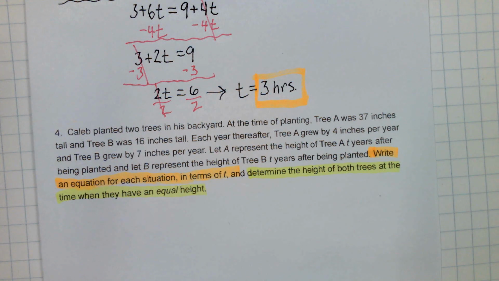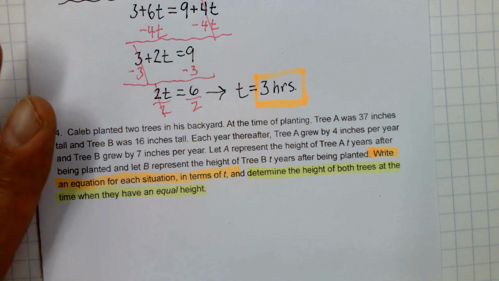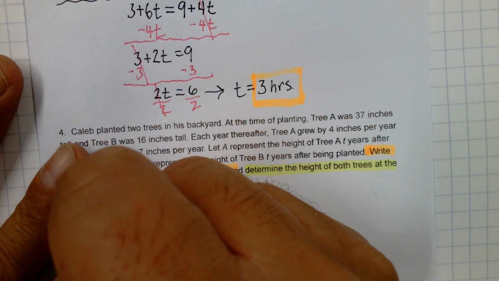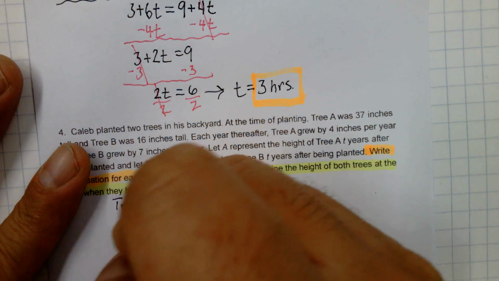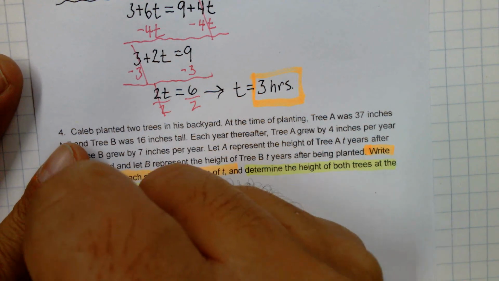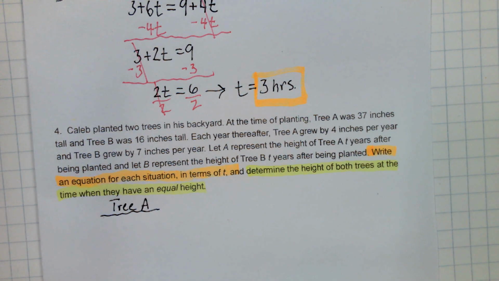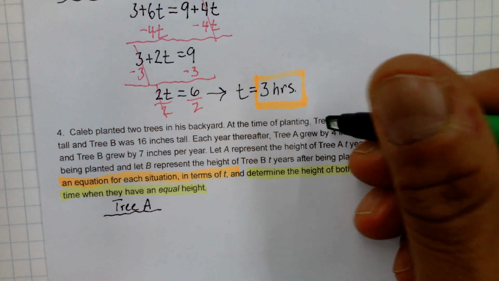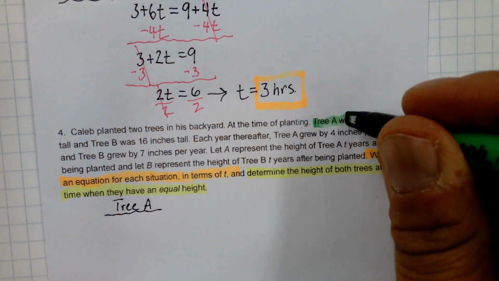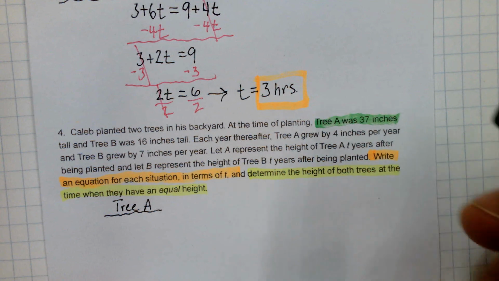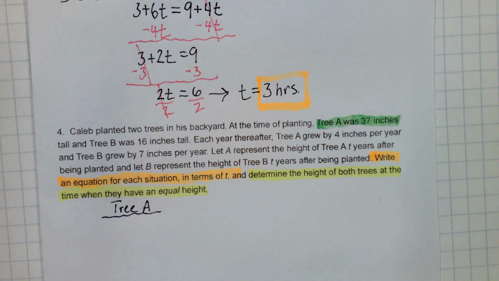Let's start with tree A. It's similar to what we did there. So let's go back and pick the numbers we want. It says tree A was 37 inches at the start. And what was the rate of growth?